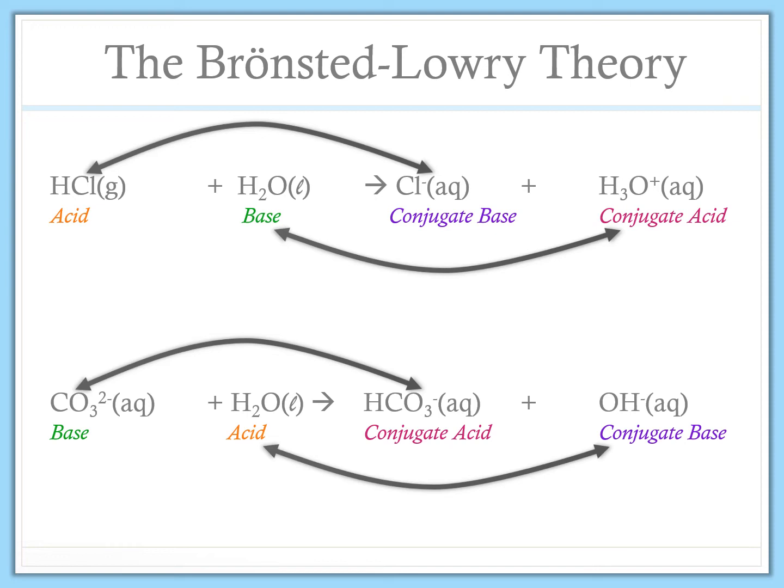So you've got an acid that has its conjugate base and a base that has its conjugate acid. So acid, conjugate base; base, conjugate acid. And this is basically the same thing going on, just with different compounds. The important thing to remember is that there's always going to be four things: an acid, a base, and a conjugate base and conjugate acid that pair with their partners.